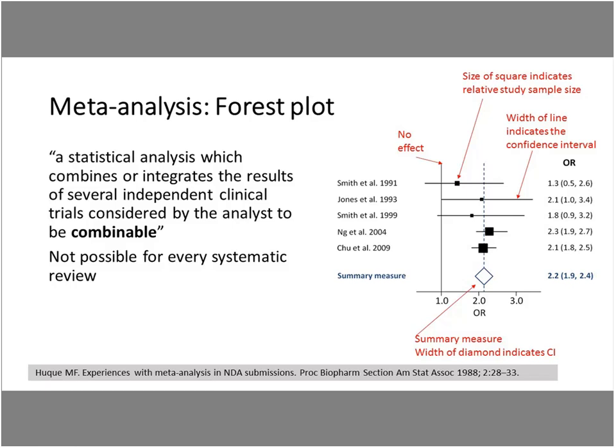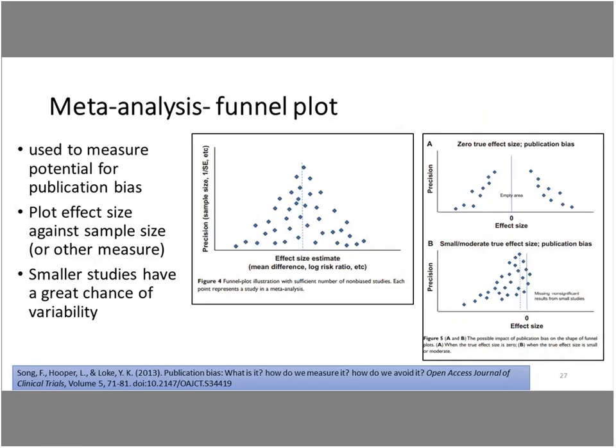Okay. So then I just have one more slide about meta-analysis, and this was just a little bit about the funnel plot. Only in meta-analysis are you able to graphically present potentials for publication bias.